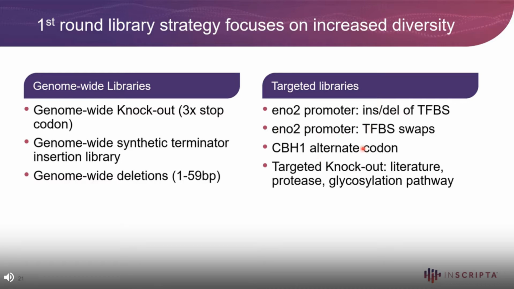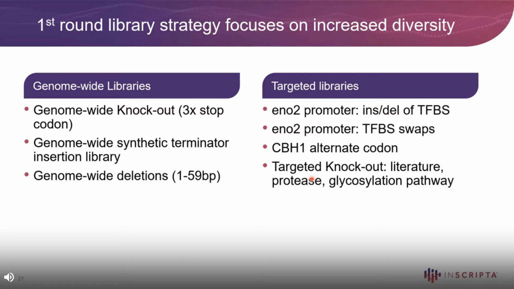We also had a CBH1 alternate codon library. So this is basically a site saturation synonymous mutation library where you take each position and mutate those codons to all other possible codons that encode for the same amino acids. We're not making mutations, or we're not changing the amino acid. We're just changing the codon.